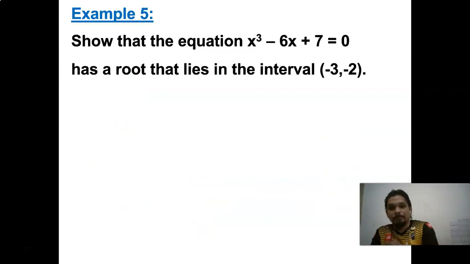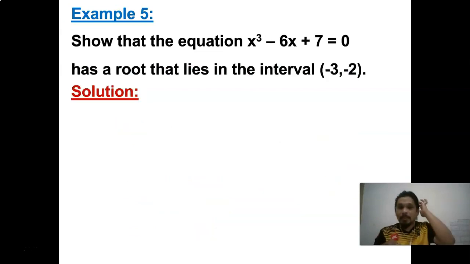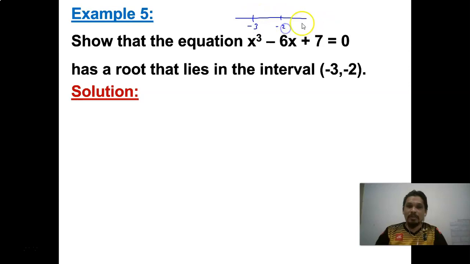Next question. Show that the equation has a root that lies in the interval of -3 and -2. Just imagine this number line with x equal to -3, -2, -1, 0, 1, 2, 3, and so on.